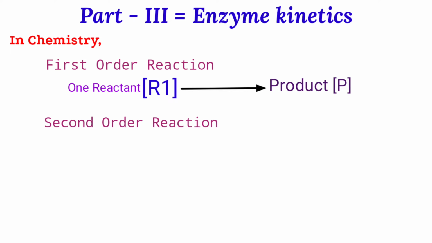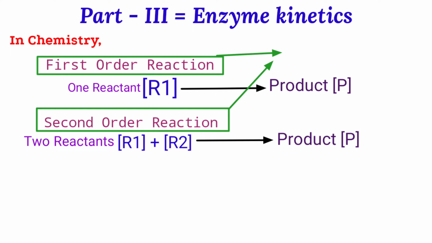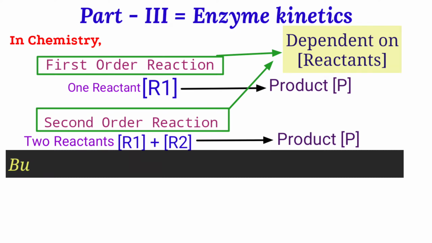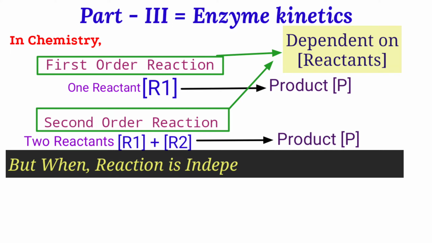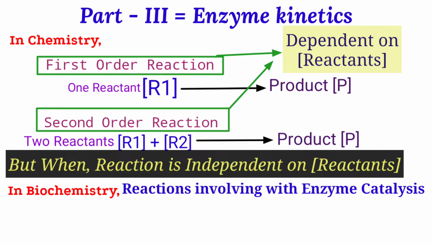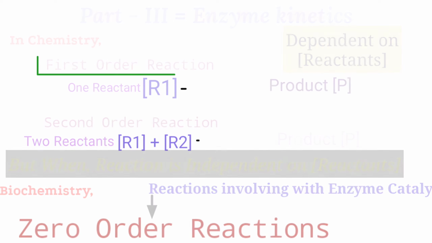And in second order reactions, two reactants give rise to the product, which means the first order and second order reactions are dependent upon the concentration of reactants. But when the reaction is independent of the concentration of reactants, as in enzyme catalyzed reaction cases, these reactions are known as zero order reactions.